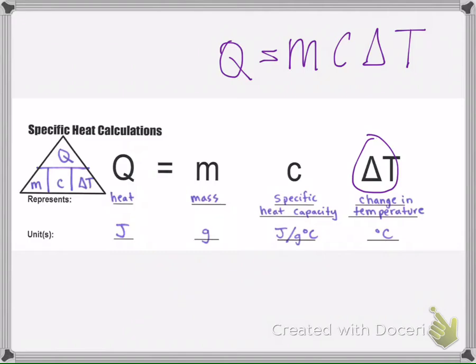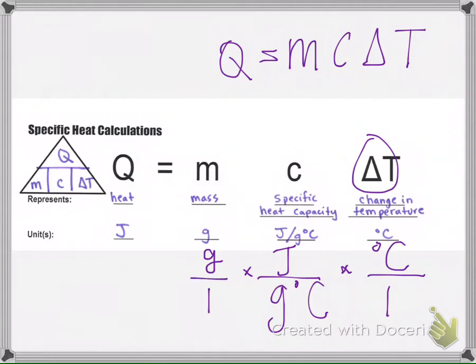I want to point something out here. When you look at all of these units, once I multiply by temperature, which is degrees C, over 1, and then times grams, over 1, this is going to equal joules, because these units are going to cancel out.